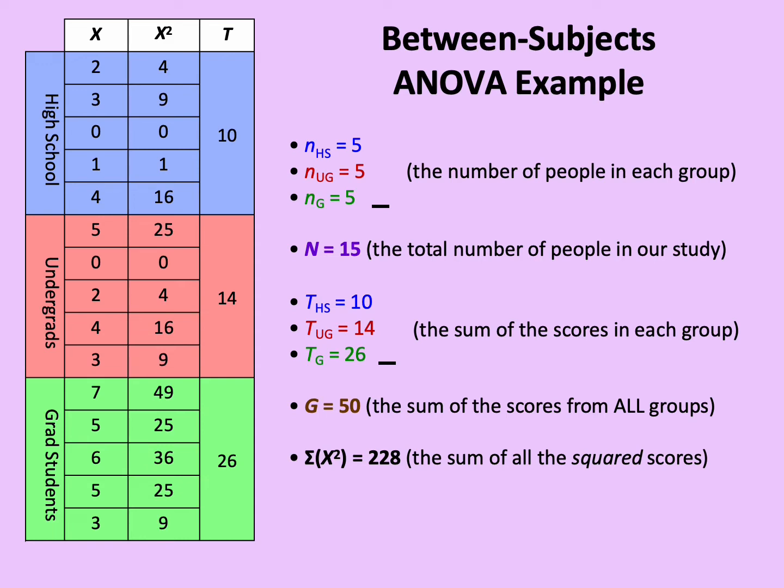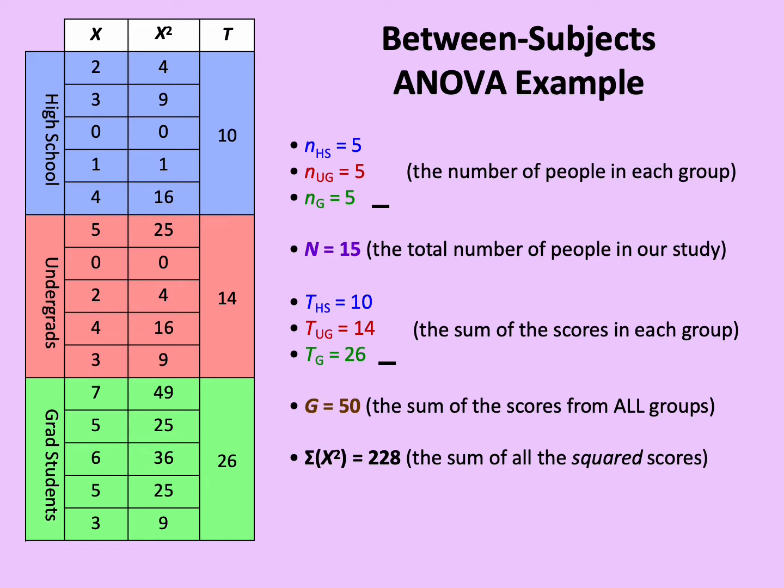So let's start with the easiest calculation. We know that the total number of people in our study is 15. Now we need to calculate the number of people in each of our groups.